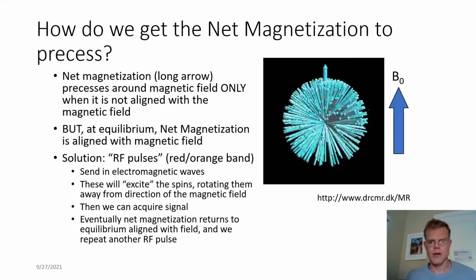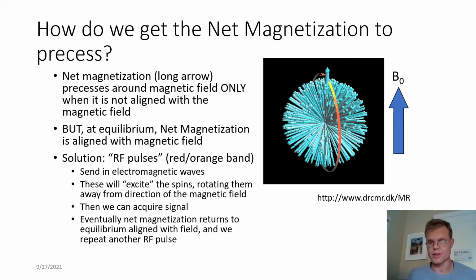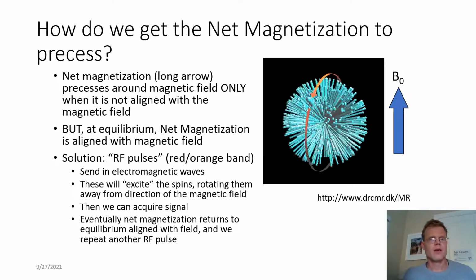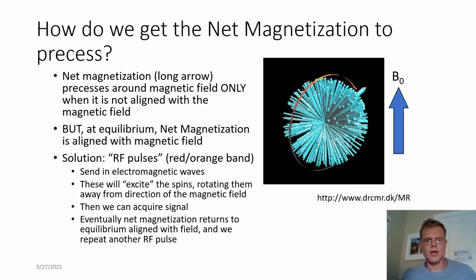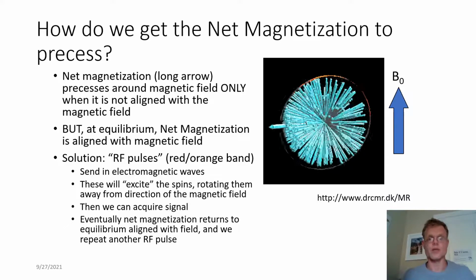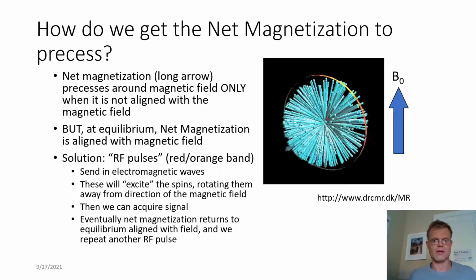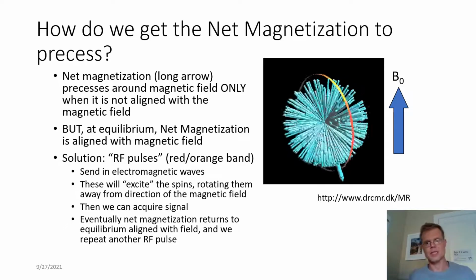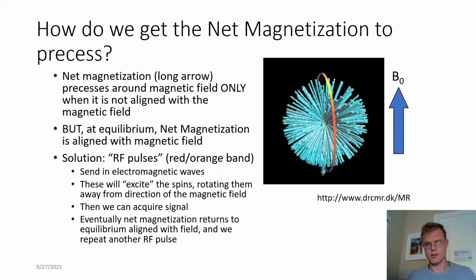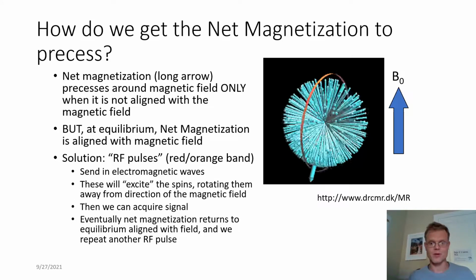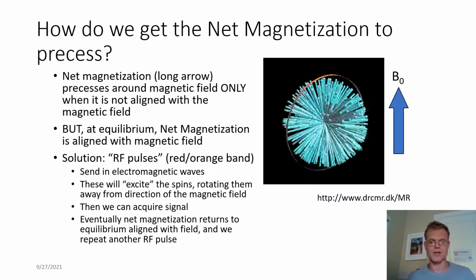So how do we get the net magnetization, which in this animation is this large green arrow, to precess? The solution is to apply RF pulses, and in this animation these are indicated by this red-orange band around. What you can see is that it's moving this large turquoise arrow away from the direction of B0, away from the direction of the main magnetic field.